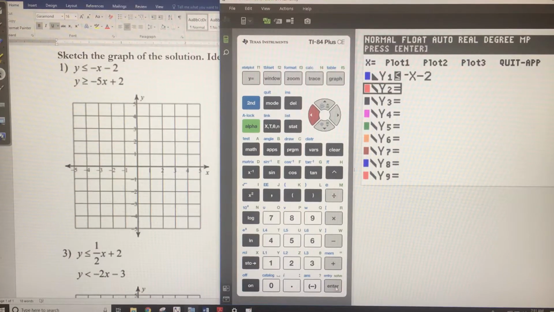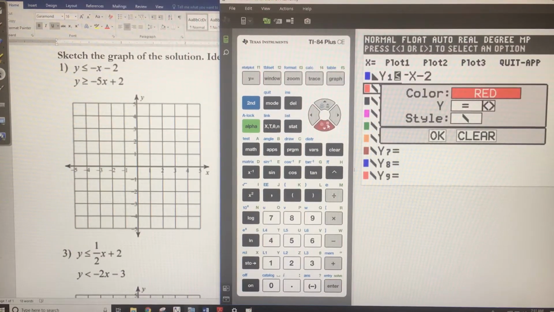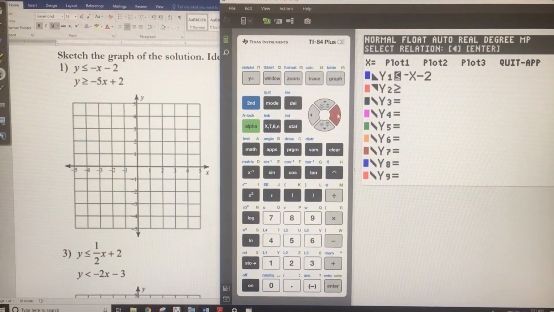Then we have y is greater than or equal to negative 5x plus 2.